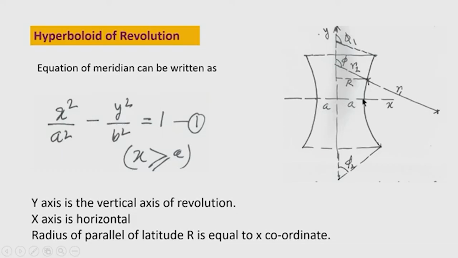So, a is known from the length of the transverse axis, whereas b has to be known from the length of the conjugate axis.